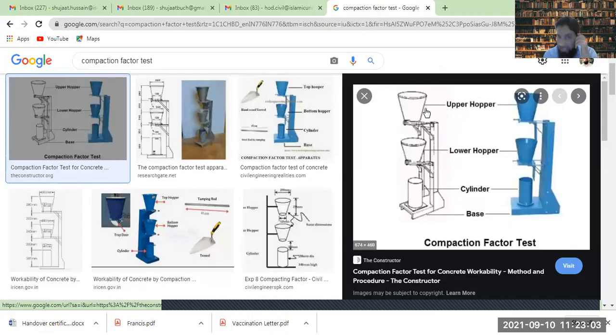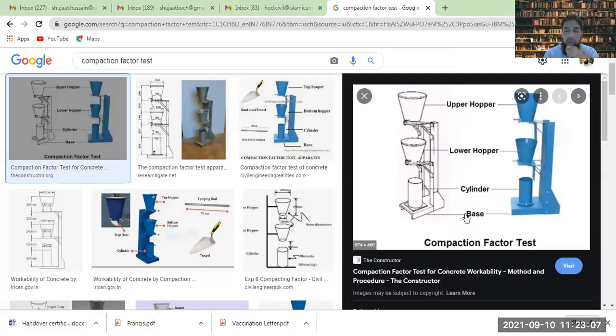This is the compaction factor test. You have an upper hopper, a lower hopper, and a cylinder at the bottom. They are like a cone, a reverse cone, as in the case of the slump test. Here they have lids.